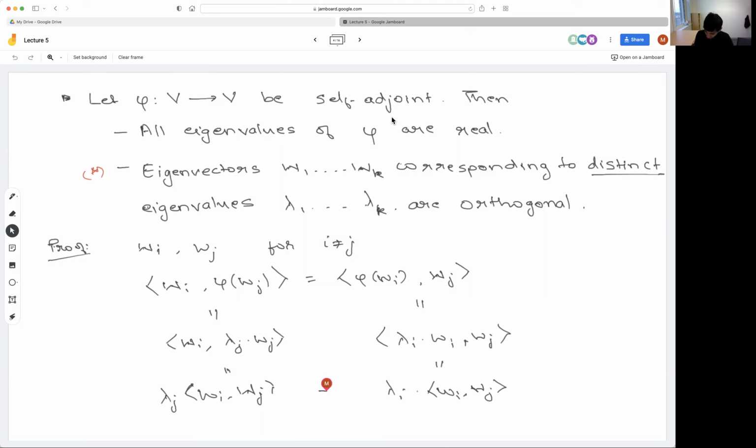And these two must be equal, or lambda i minus lambda j times the inner product of Wi and Wj is equal to 0. Since lambda i and lambda j are distinct, the only way this can happen is when the inner product of Wi and Wj is 0. So this we know is not equal to 0, so then this must be 0.